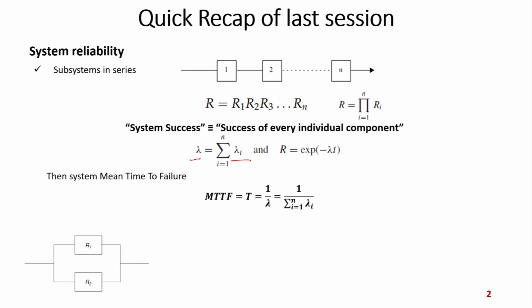Then we considered a case of two elements in parallel, and we said this is redundant. Redundant means the system will work if both are working or any one is working.